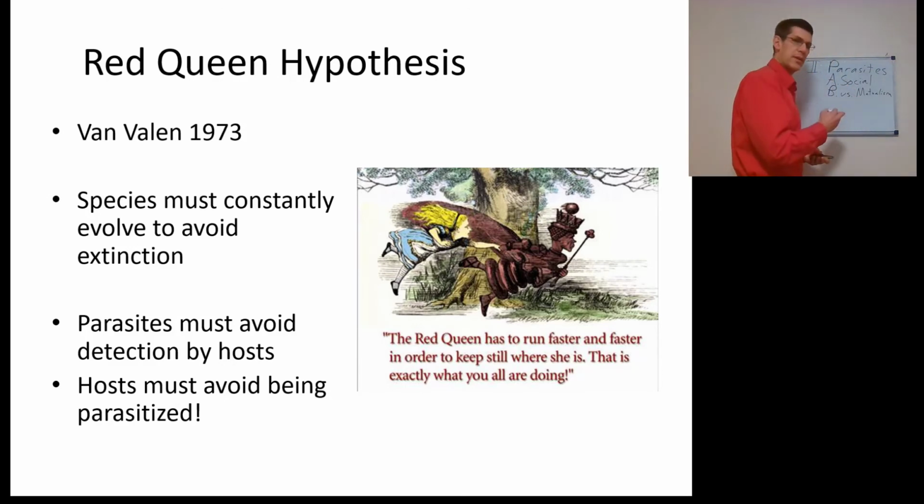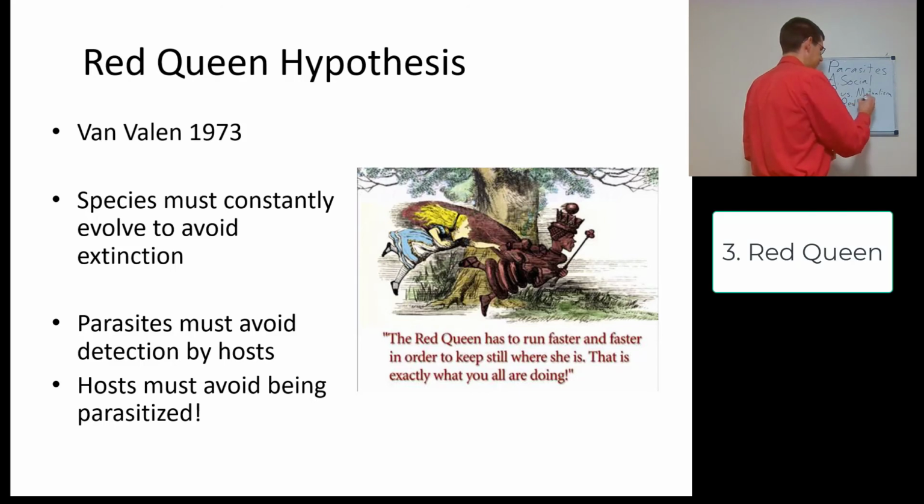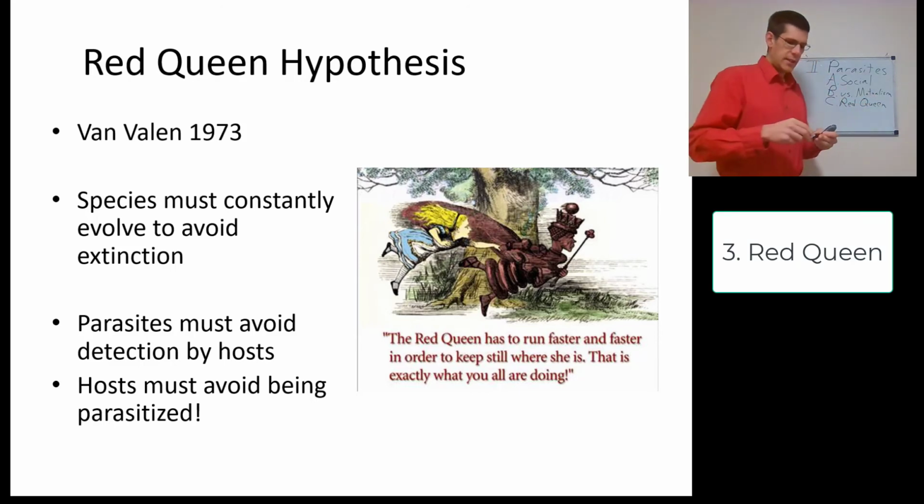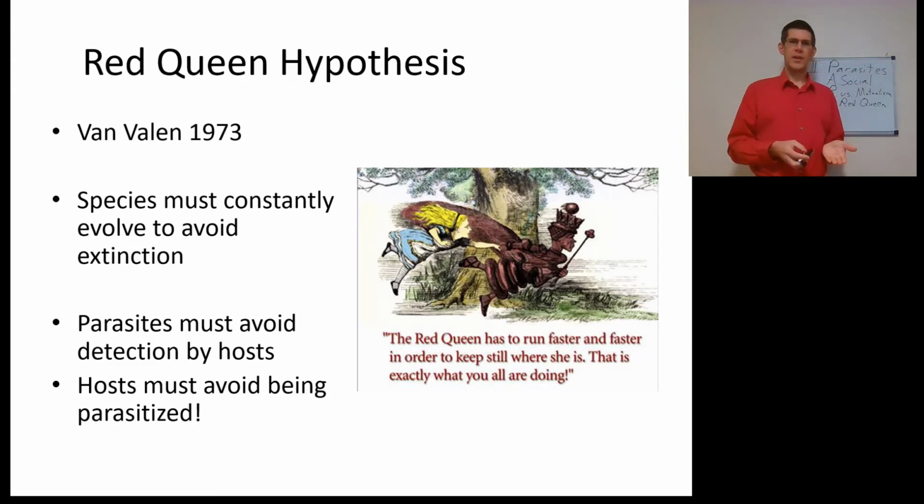There's also a balance between parasitism and extinction called the Red Queen hypothesis. The idea here is that a parasite must avoid detection by the host. If a parasite has alleles that allow it to be detected by the host, then the host will destroy it and there's zero fitness for the parasite.